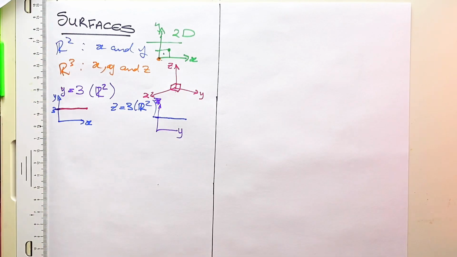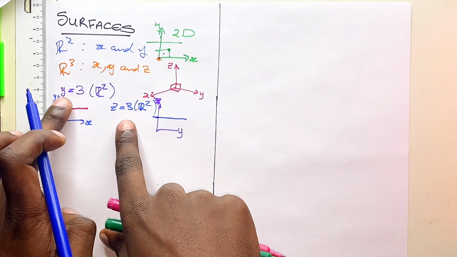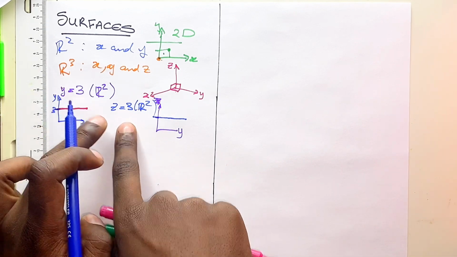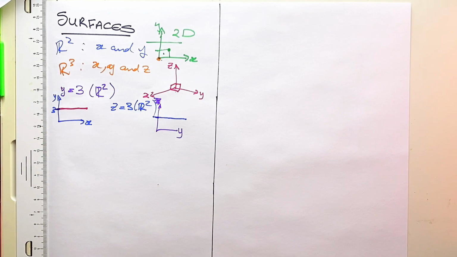But with surfaces, what if you wanted to draw y equal to 3 and z equal to 3 in 3 dimensions? How would that look?